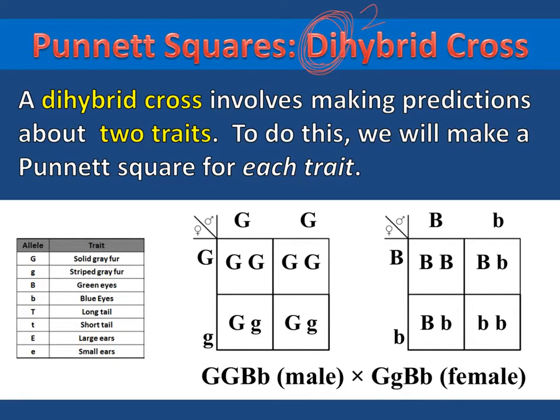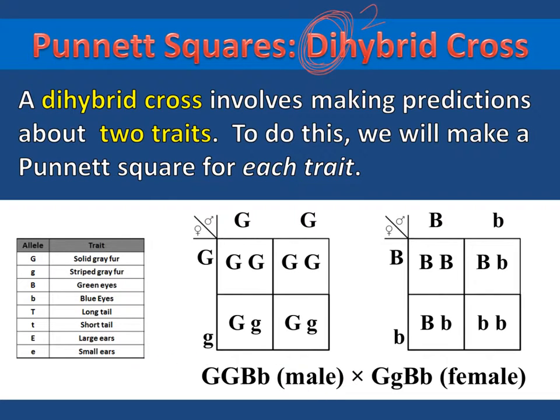And because we are dealing with 2 traits this time, we have to draw 2 Punnett squares. 1, 2. So notice at the very bottom right here, please pay attention to my little red dot.